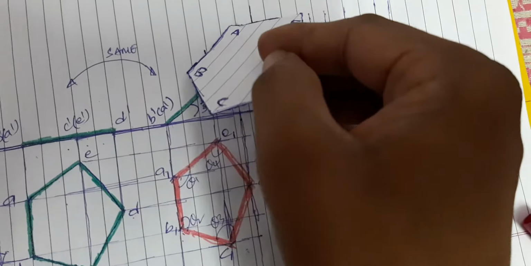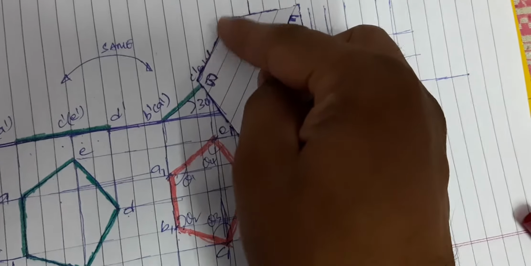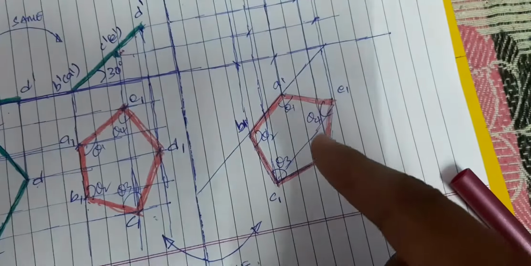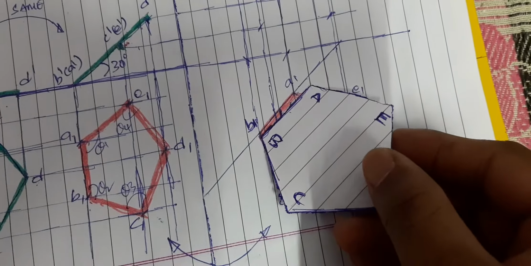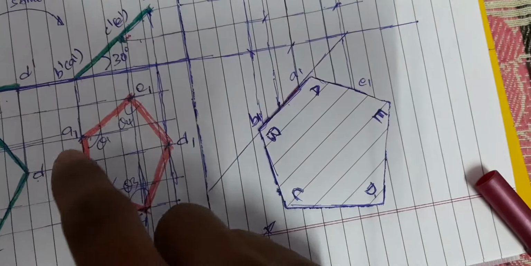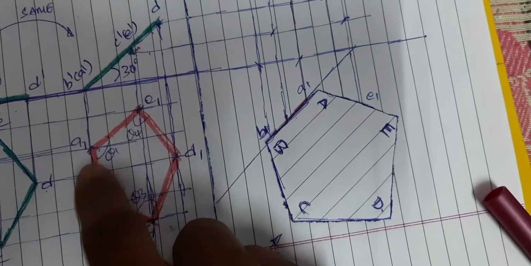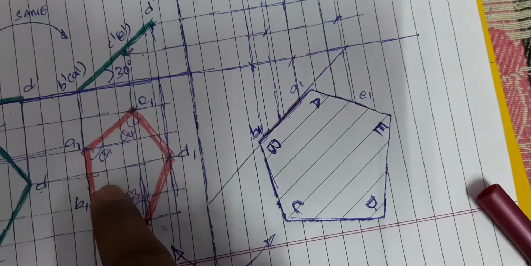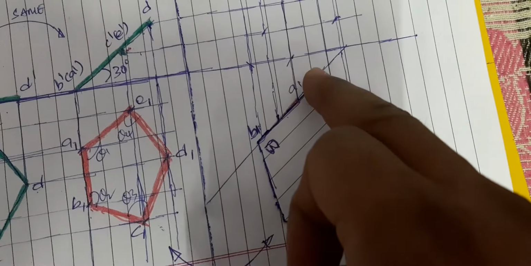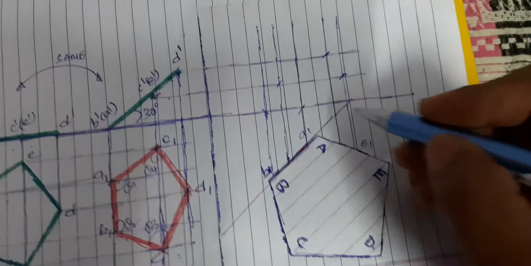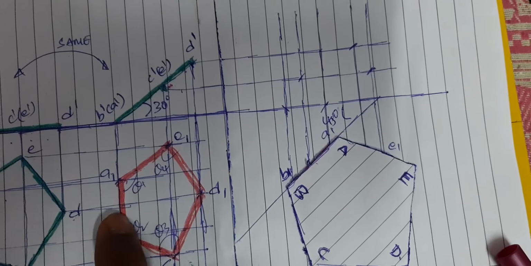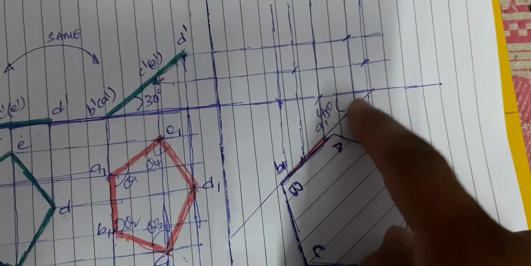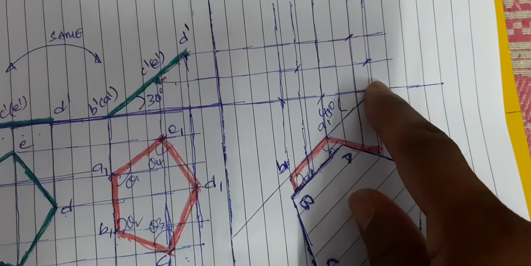I'm redrawing this top view, maintaining this edge as lying on the ground, and making this edge inclined to VP with 45 inclination. So here I write 45 inclination. Now I'm making this edge at 45 inclination to the vertical plane.